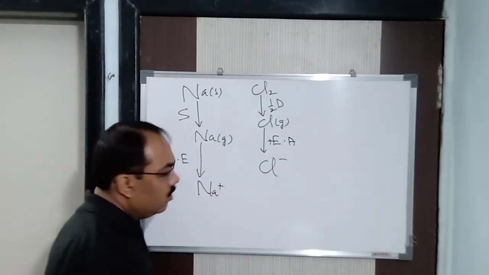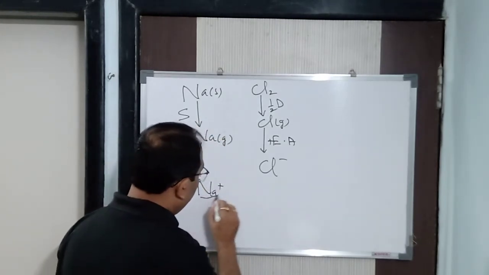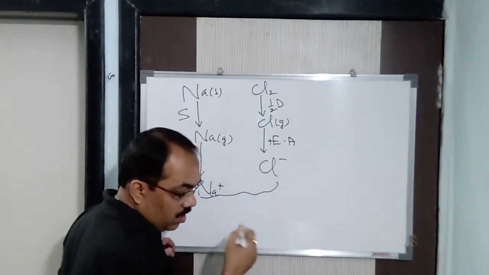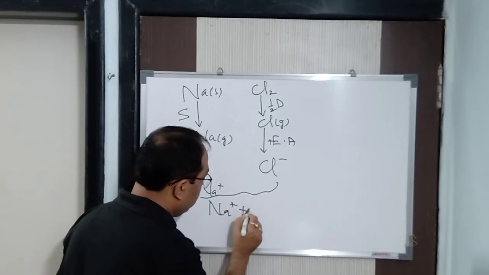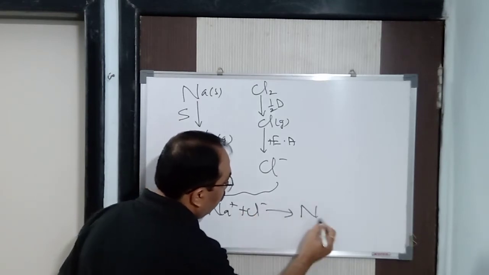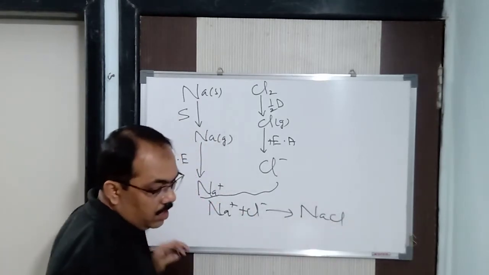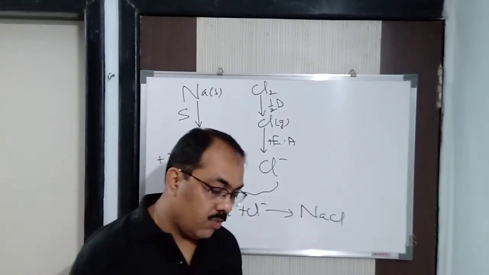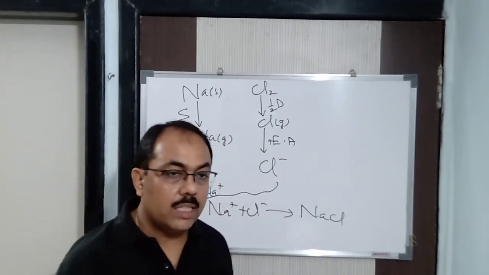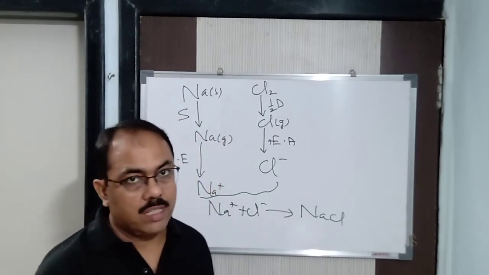Now this Na plus and Cl minus, they combine together to form NaCl. When they combine together, what happens is the heat of formation. Clear?